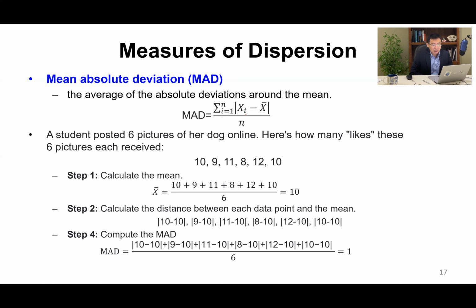Here is how many likes these 6 pictures each received: 10, 9, 11, 8, 12, and 10. So we calculate the mean, and then we compute the distance between each data point and the mean. Then we add all the absolute deviations around the mean together, and then we divide by 6, which is equal to 1. So that's the mean absolute deviation.